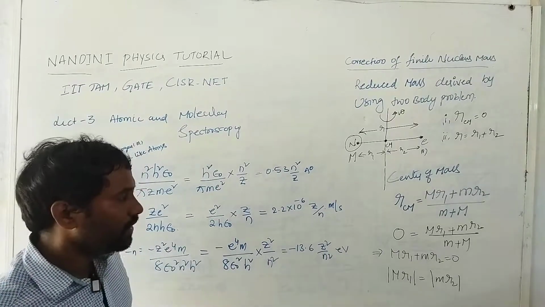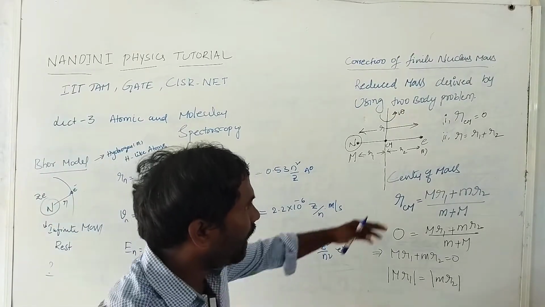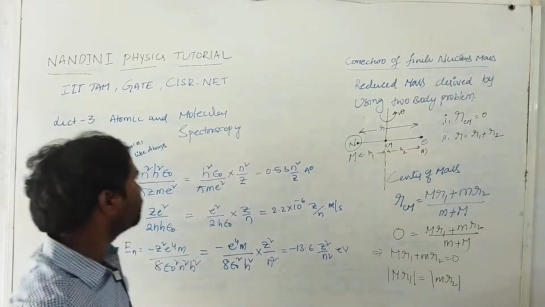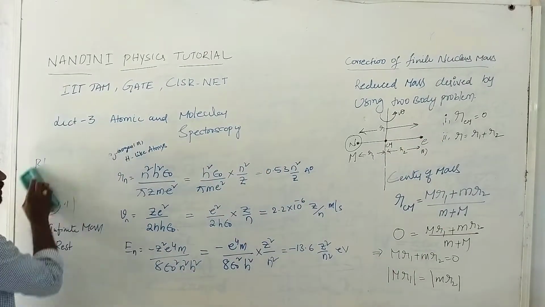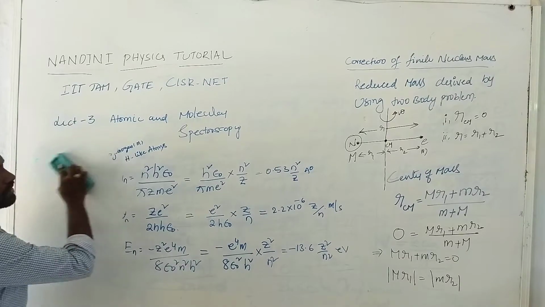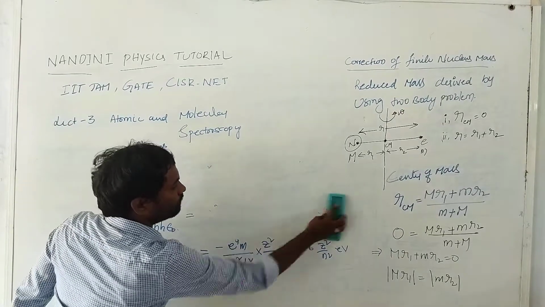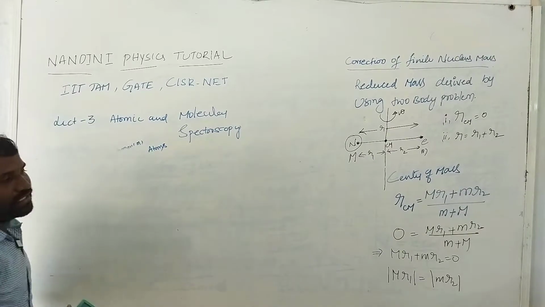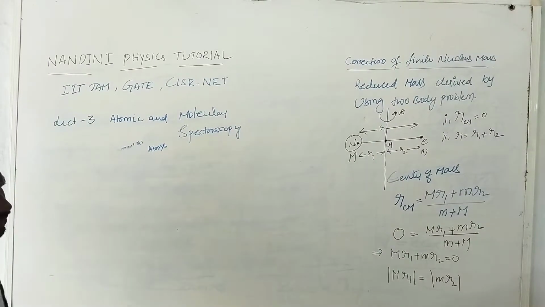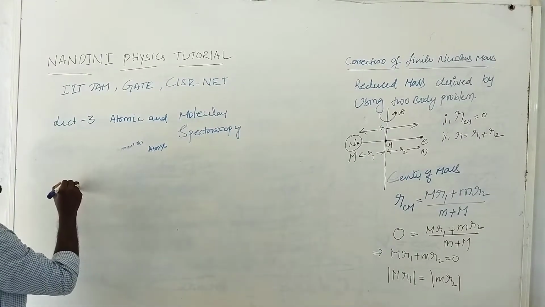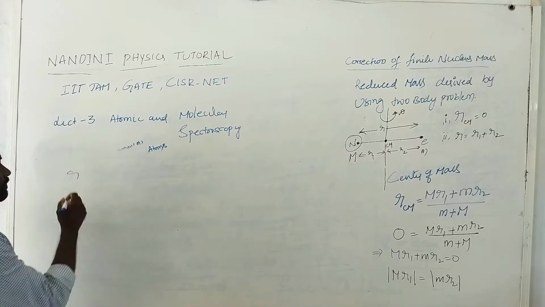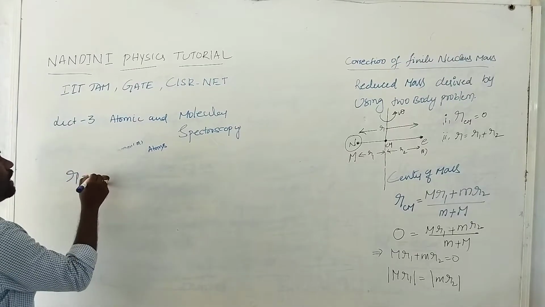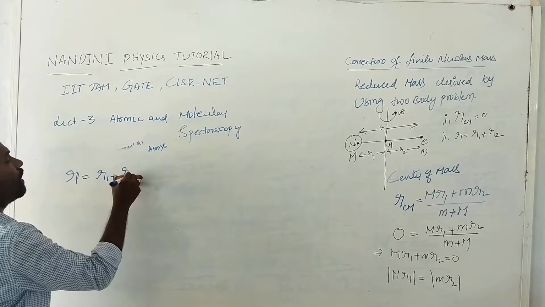Now I consider the second assumption. I write it separately here: the total r is equal to r1 plus r2.